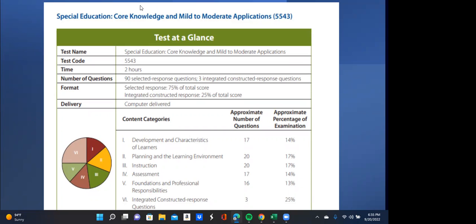Because this session tonight is a little bit less than an hour and a half, I'm not going to go over in detail any practice constructed response questions, but please know that I will give you a couple of hints about the constructed response questions once I finish going over the selected response questions.